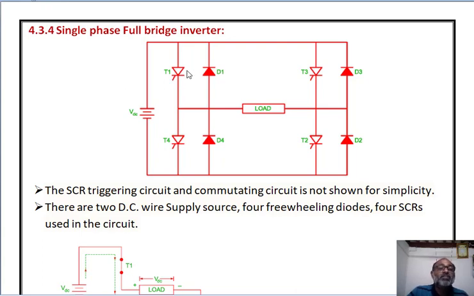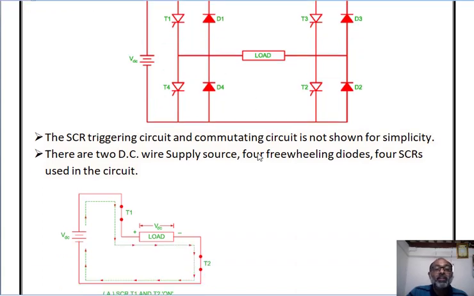In this circuit, a 2-wire DC source is required. It also uses 4 freewheeling diodes D1, D2, D3 and D4, and it consists of mainly 4 SCRs: SCR T1, T2, T3 and T4.